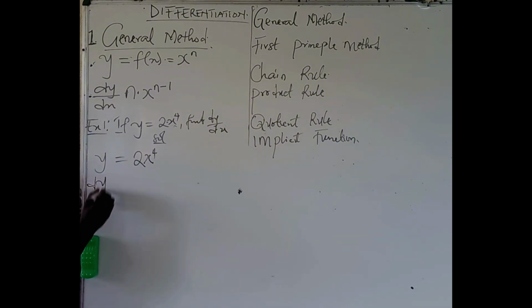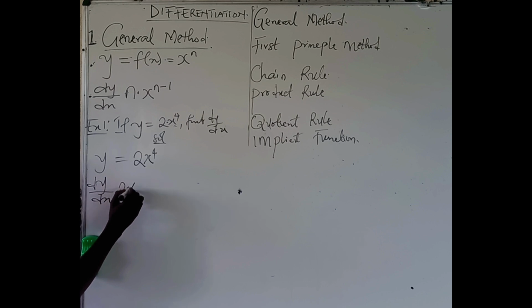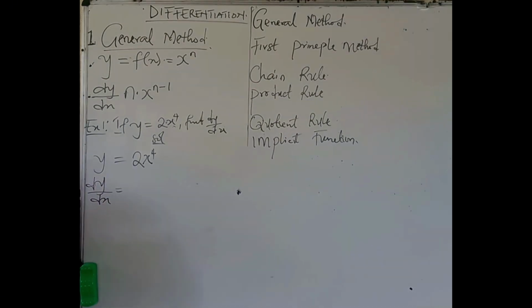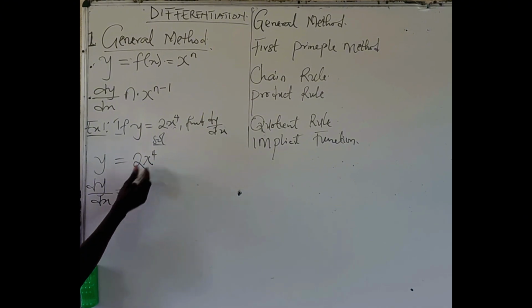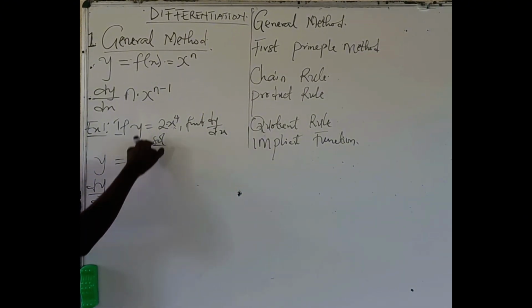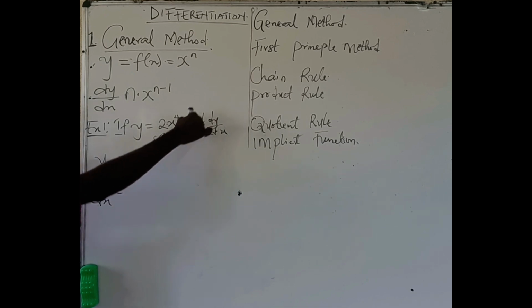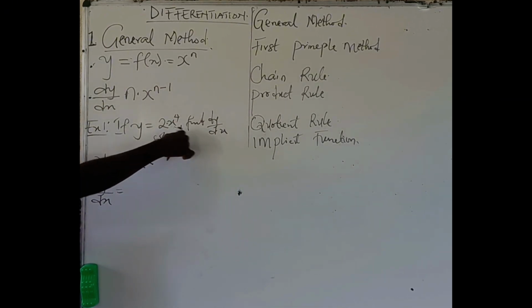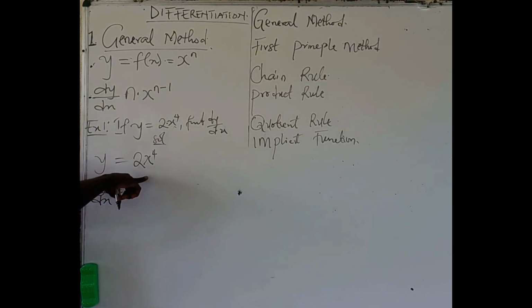So dy over ds is going to be 2 multiplied by 4, the power multiplying the coefficient, raised to power of 4 minus 1. You subtract 1 from the power after you multiply with the coefficient of s.